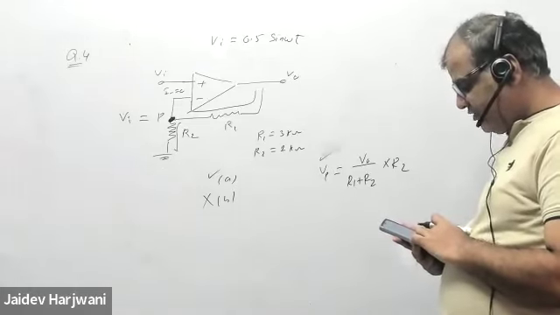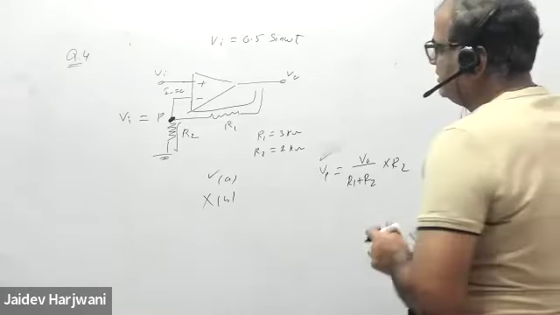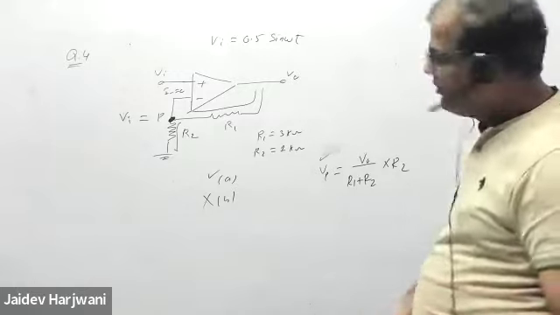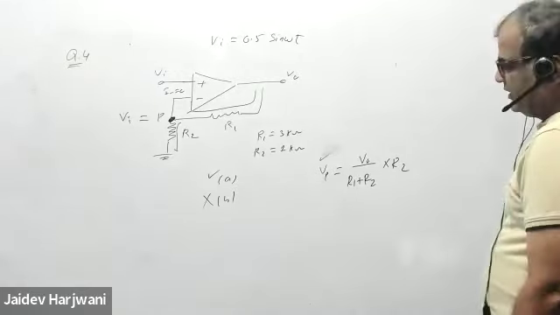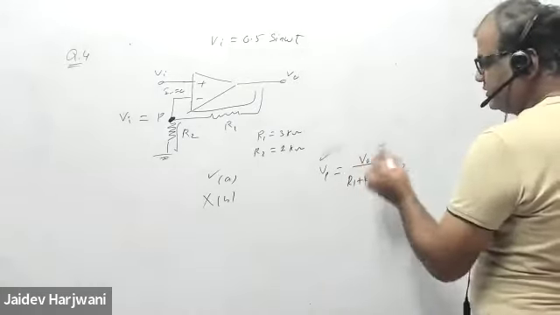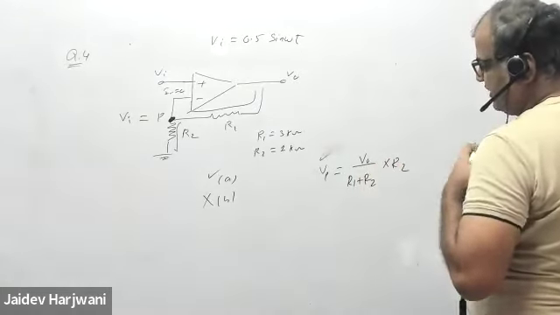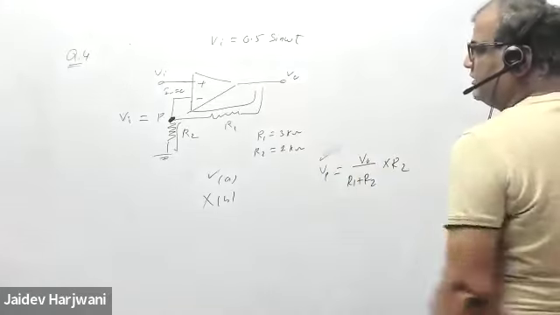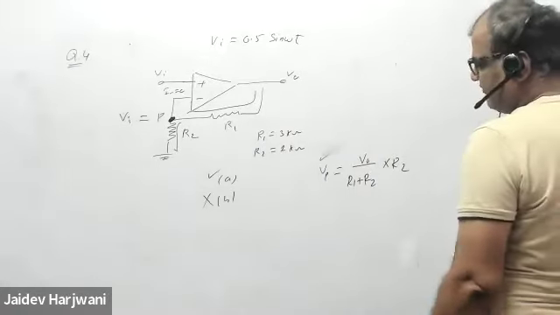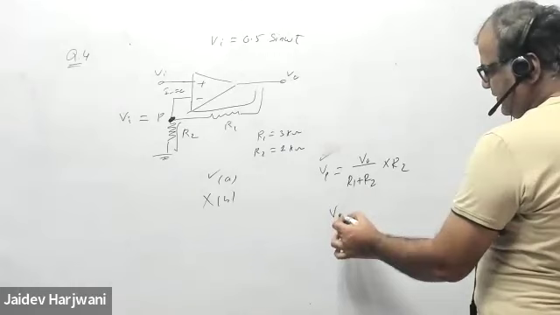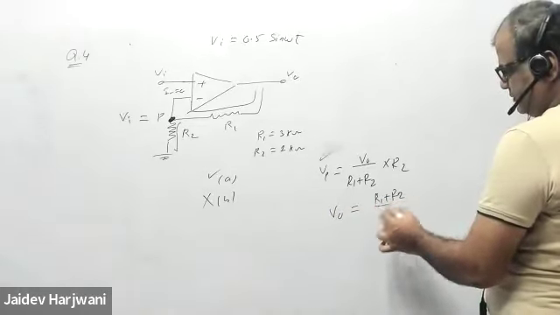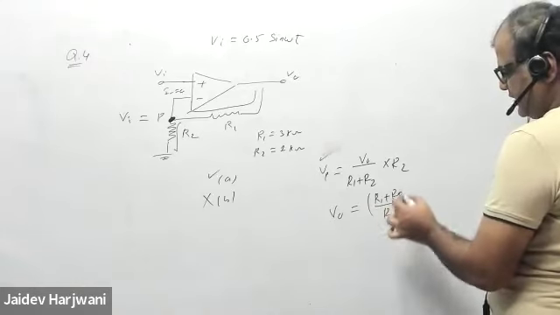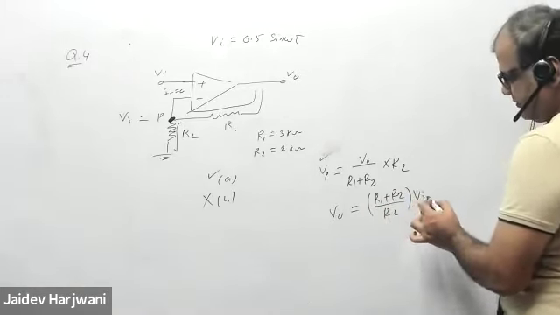Option C: the amplitude of V naught is 2V. Let's find the amplitude of V naught. Because it is a non-inverting amplifier, 1 plus R2 will come. So V naught will be R1 plus R2 upon R2 into V input.